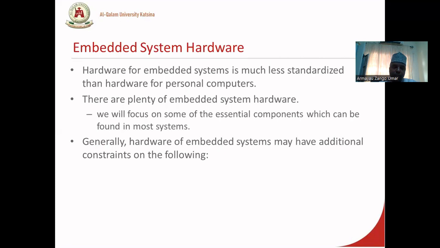So, in addition to what we know about the conventional hardware of a computer system, hardware for embedded systems has additional constraints on the following. Timing: sometimes there has to be action taken within a specified time. We'll see more on this.